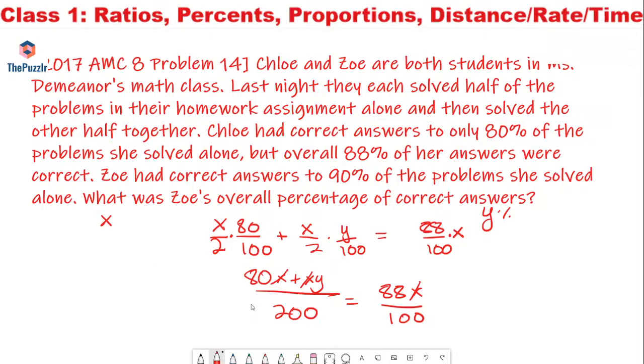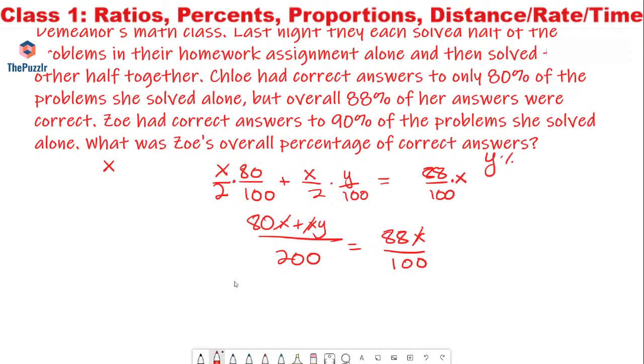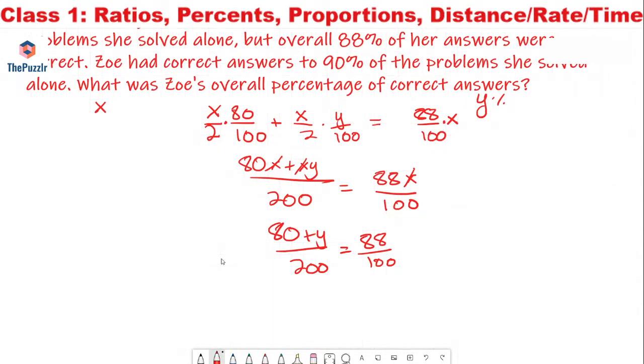So now we have a linear equation: 80 plus y over 200 is equal to 88 over 100. Now we're just solving for the unknown. First, notice that both denominators have a factor of 100, so multiply both sides by 100. This side cancels out, and 100 over 200 just gives us 2.